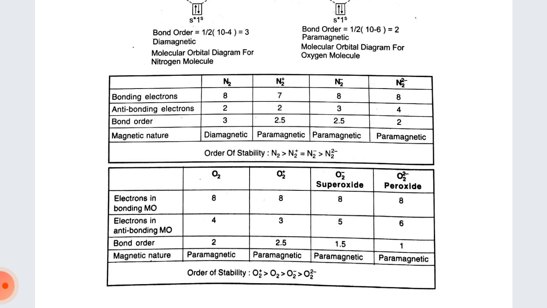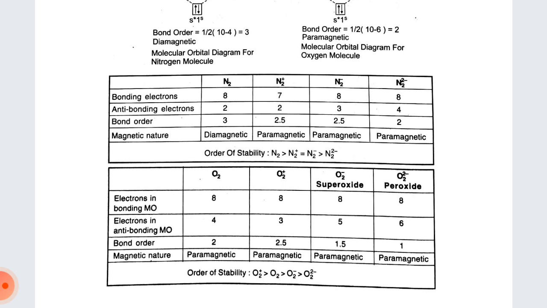N2 minus: bonding electrons are 8, antibonding electrons are 3, bond order of N2 minus is 2.5, and the magnetic nature of N2 minus is paramagnetic. N2 2 minus: bonding electrons are 8, antibonding electrons are 4, bond order is 2, magnetic nature is paramagnetic.